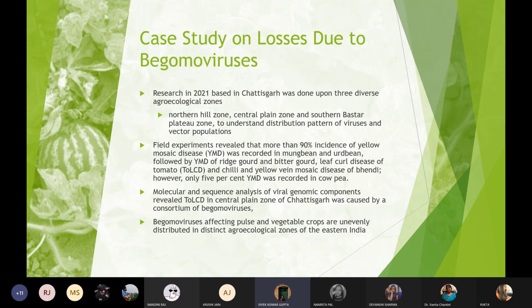PCR analysis was done. Species-specific primers were used, and the samples representing the three different regions revealed that the yellow mosaic disease of mung bean, urd bean, and cowpea was positive only for mung bean yellow mosaic India virus and was unevenly distributed.